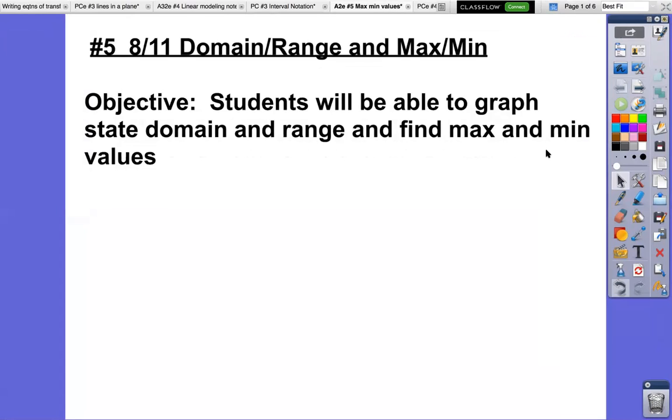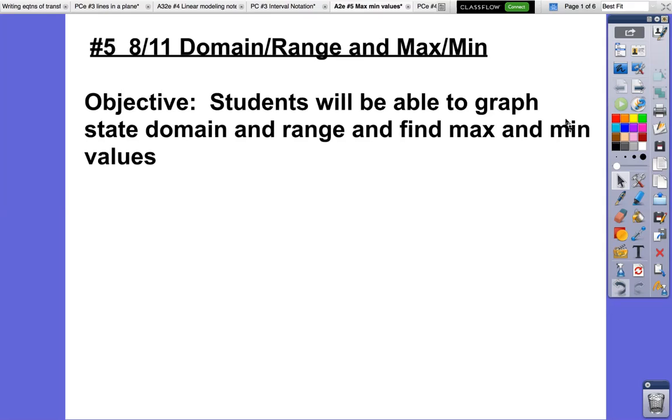So today we're talking about domain and range and your maximum and minimum values. Now, I wish a long time ago when I was in school, I remember specifically being in Algebra 2 and nobody ever just putting it plain and simple. Your domain is just your list of whatever the x's are.